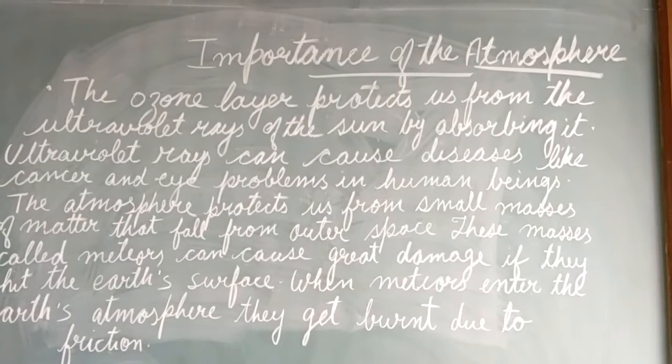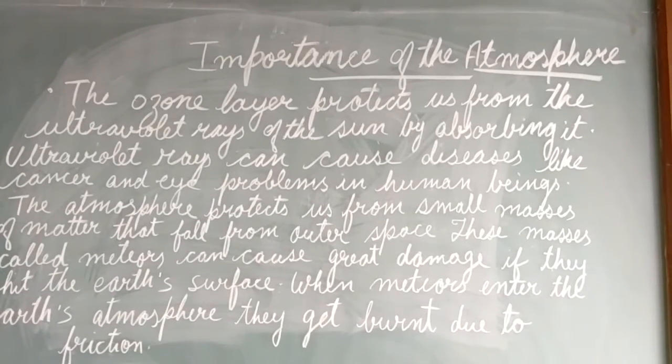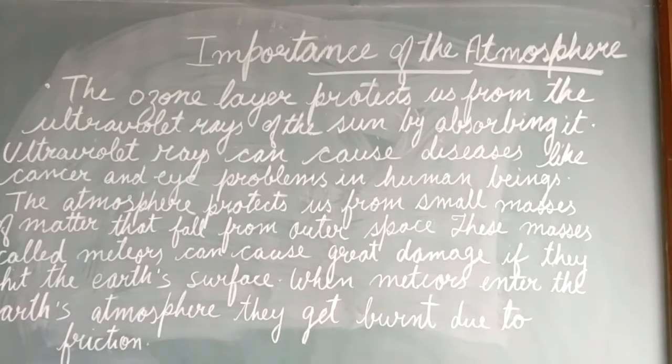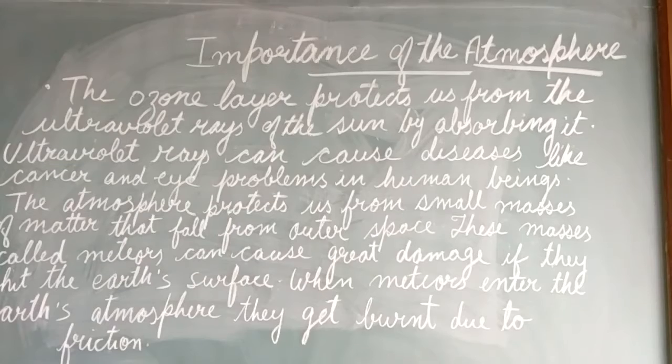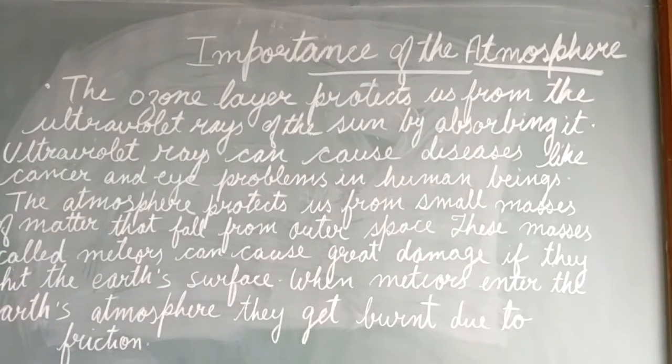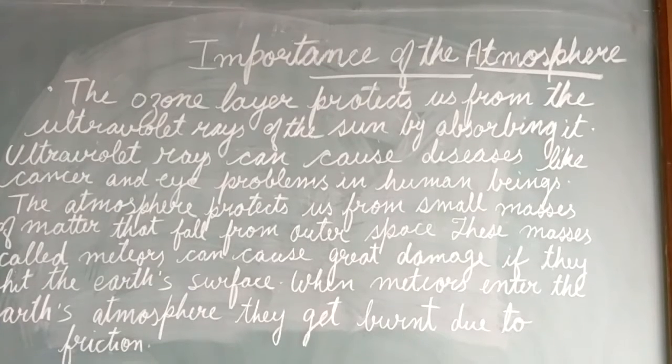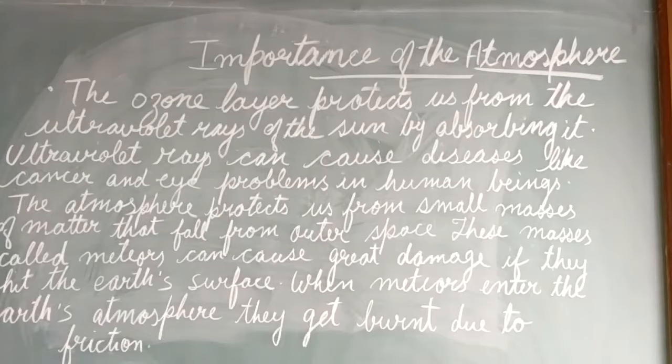These gases are required by whom? Living things. Oxygen is used for breathing, and carbon dioxide is required by green plants to prepare their food. How do they prepare their food? By the process of photosynthesis.